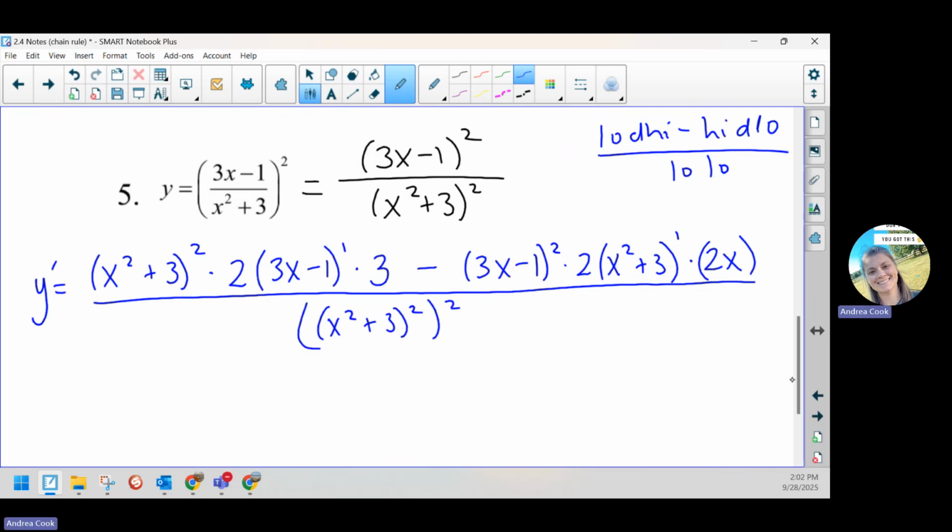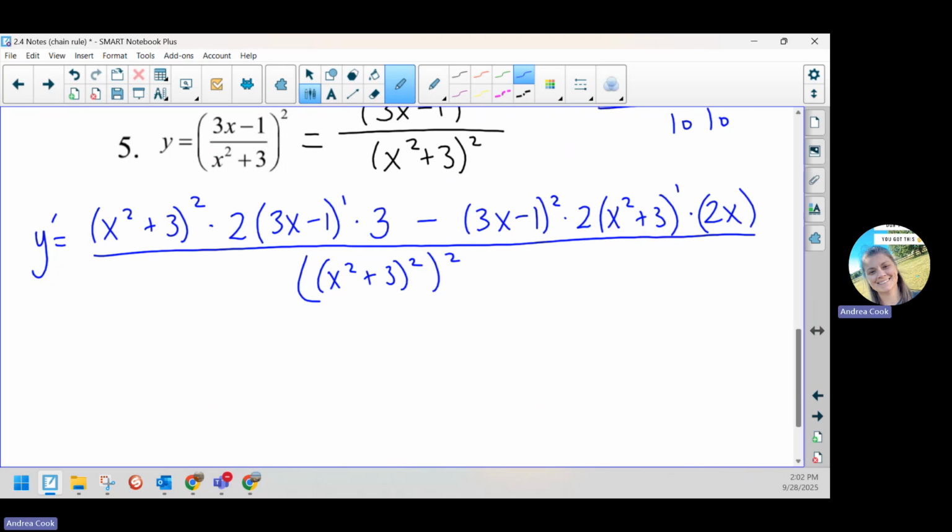Okay, so now I'm going to look to see what I have here. So I have all of that being multiplied. All of this is being multiplied. It's separated by a subtraction sign, and my bottom. So we can simplify as long as we have things in common in each of those blue highlighted areas.